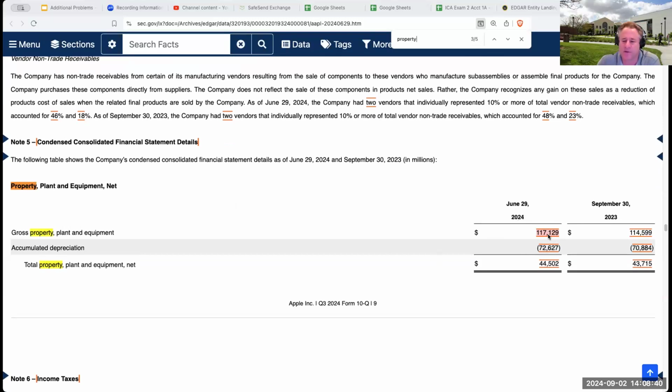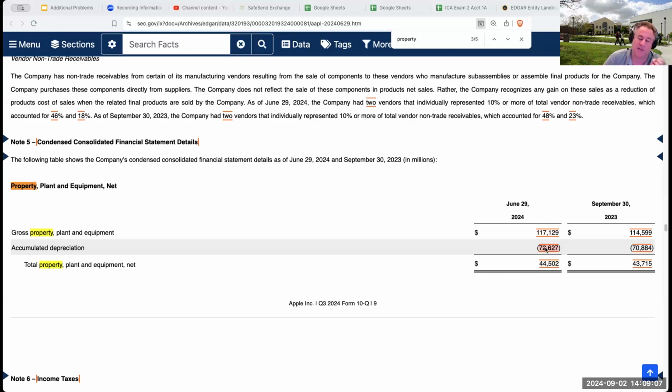But as of right now, they have 117 billion of the equipment they went through, and it's still in use. Now, accumulated depreciation. This is a negative 72 billion, meaning that Apple has recorded $72 billion of depreciation over the asset's life. And that gets us to property, plant, and equipment net.